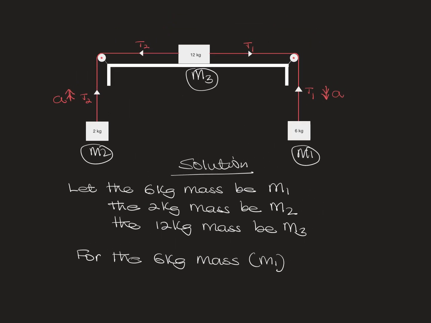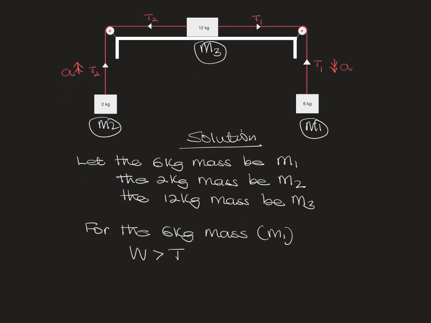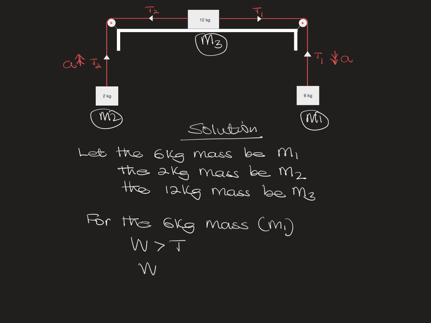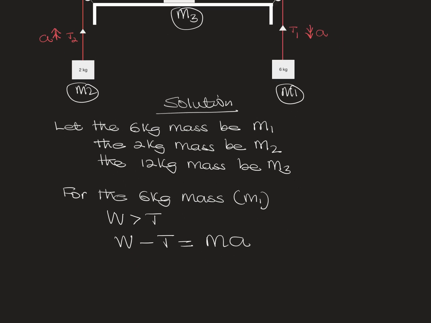for the 6 kilogram mass, if it is to accelerate downwards, it means that its weight is greater than the tension in the string. So the net force will be weight minus tension is equal to mass times acceleration. We know that weight is equal to mass times gravity.